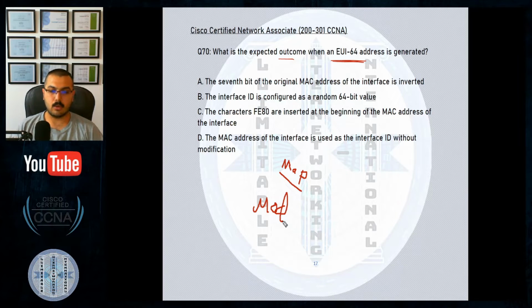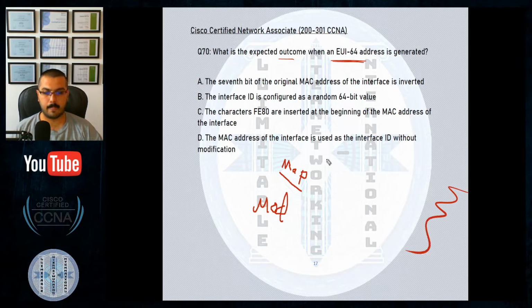The modified method says that just before you start creating an IPv6 address from a MAC, take that MAC and split it in half.